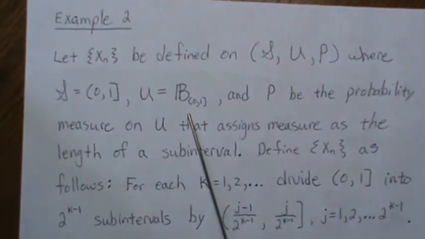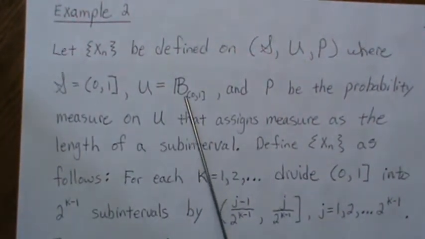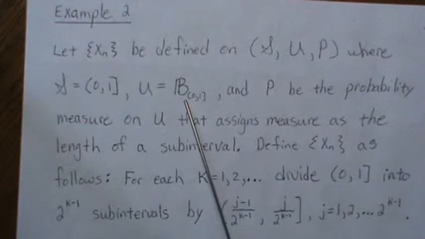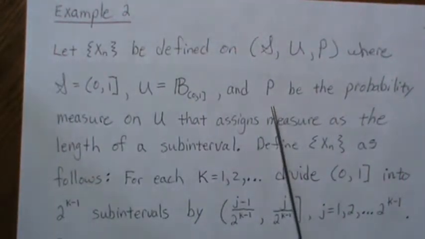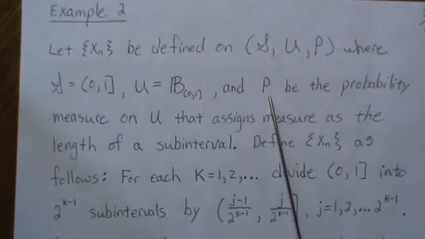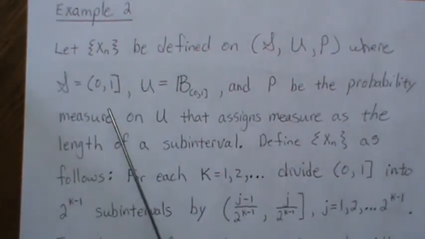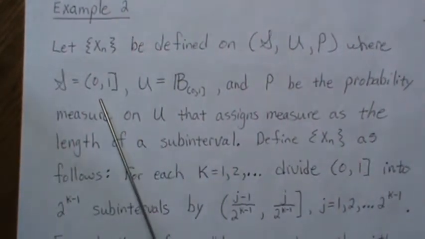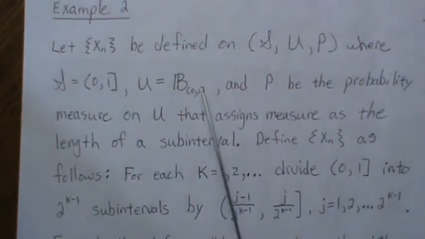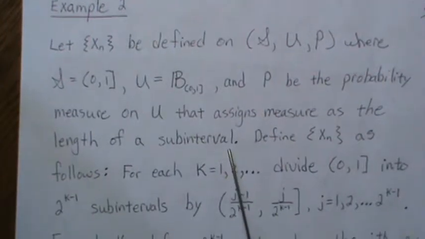We're talking about the Borel sigma field on 0 to 1, so this is all types of intervals and ways to combine them: intersections, unions. And the probability measure is the length of an interval. So if we take a subinterval, then the probability of that subinterval is its length.